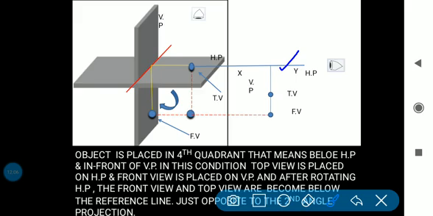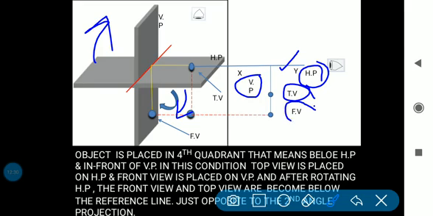After rotating the horizontal plane by 90 degrees, the horizontal plane and vertical plane coincide with each other, and they both become located below the reference line. So the front view and top view are both below the reference line. This is the front view and this is the top view, and sometimes the top view and front view may coincide with each other.